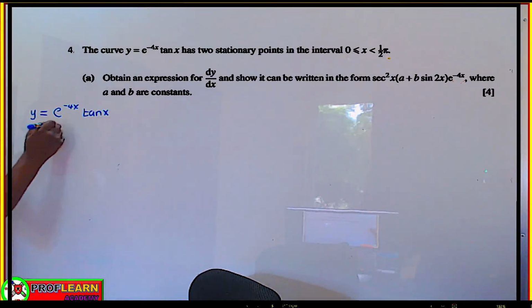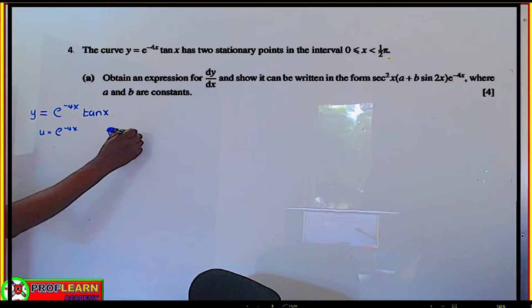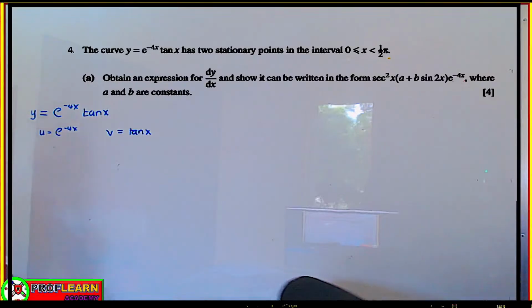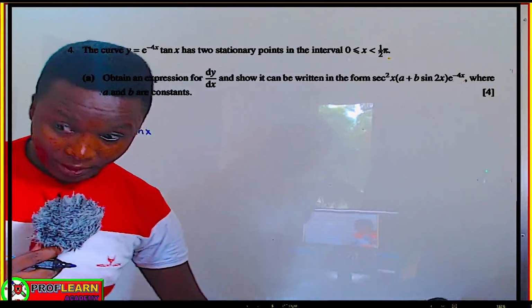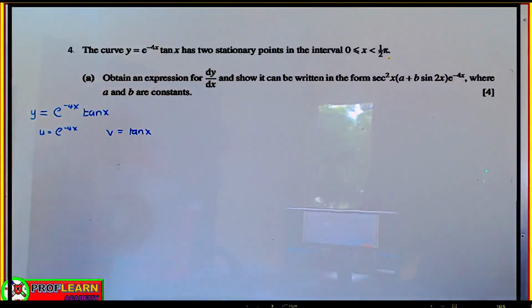So we shall start by saying that our u in this is e to negative 4x, and our v in this case is tan x. Because when we're going to apply the product rule, we are going to make use of dv and du. So it's wise at that point that we find our du dx.